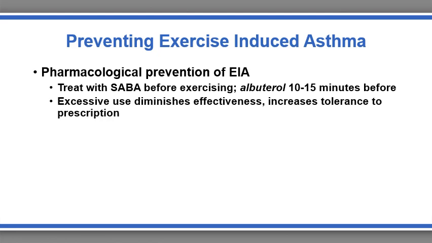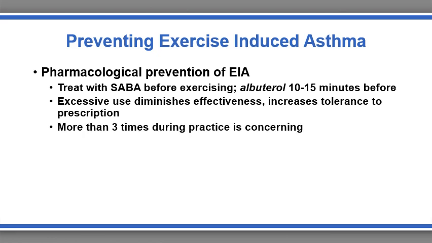You do want to make sure that excessive use of the short-acting beta agonist can diminish the effectiveness, so that's important to note. More than 3 times during practice is concerning. So if a person is consistently utilizing an albuterol inhaler more than 3 times per day, that's usually a concern, and they should be reevaluated.